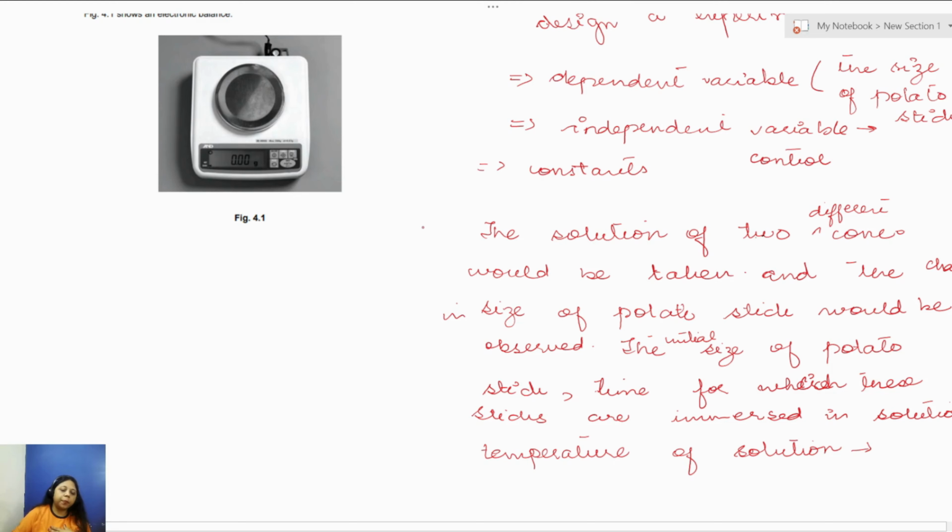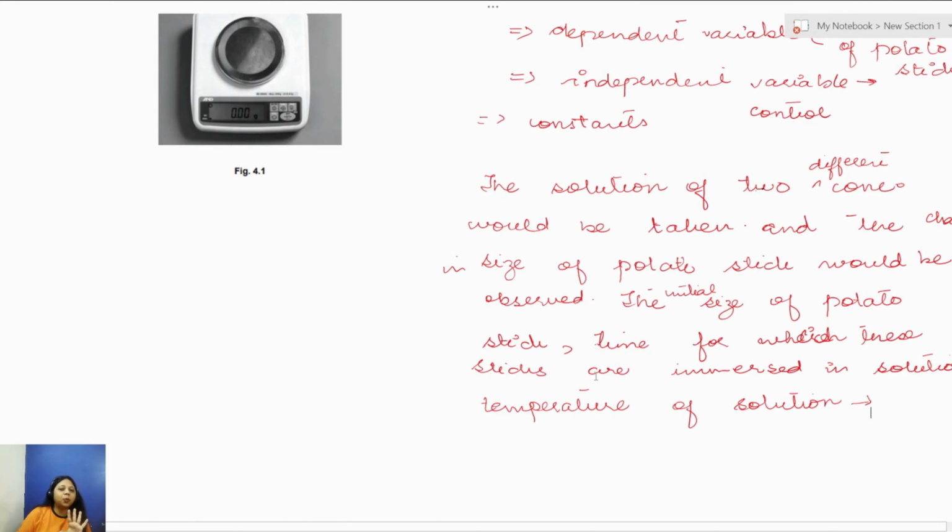Done. Okay. Now these are the 3 points that would be given on the basis of how you are designing the experiment. Now let's carry out the experiment. First, the initial mass of the potato stick was calculated, using a weighing balance.